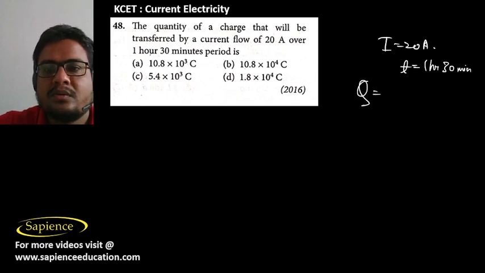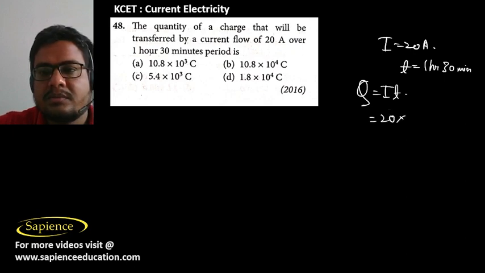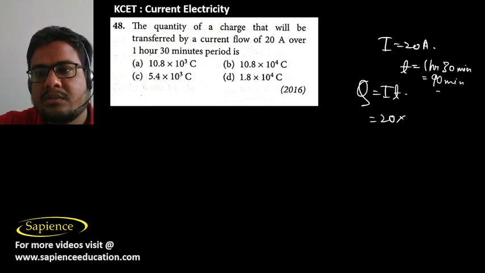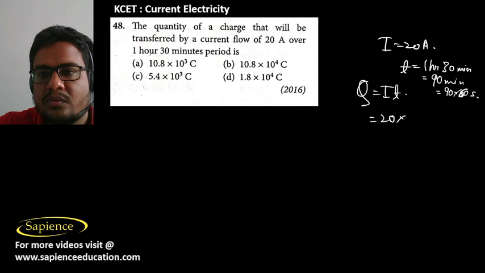So Q is equal to I into T. How much charge will flow? So 20 ampere into 1 hour 30 minutes: 1 hour means 60 minutes, so this is 90 minutes. So it is 90 into 60 seconds, since 1 minute is 60 seconds. So this is 20 into 90 into 60.